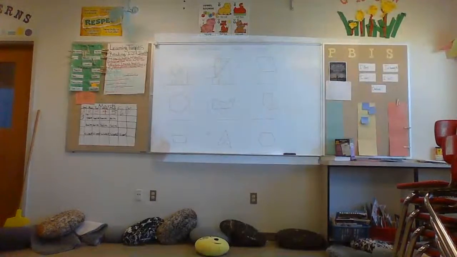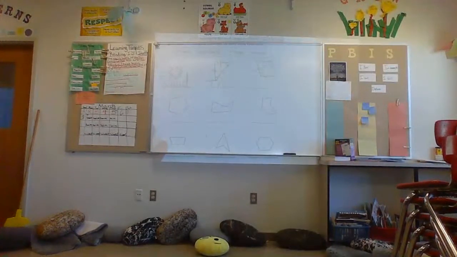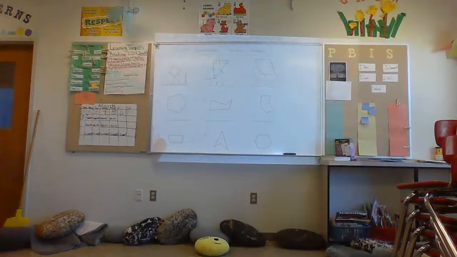And this one: 1, 2, 3, 4, 4 sides, and 1, 2, 3, 4 angles, okay? See that? So 4 sides and 4 angles. We said that we did one like that already. It is a quadrilateral.